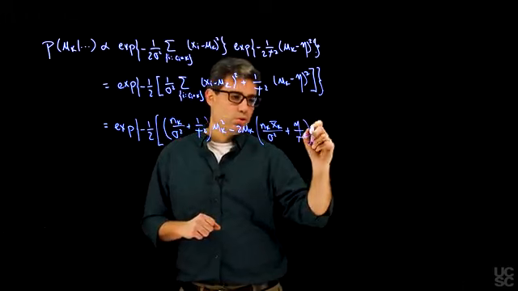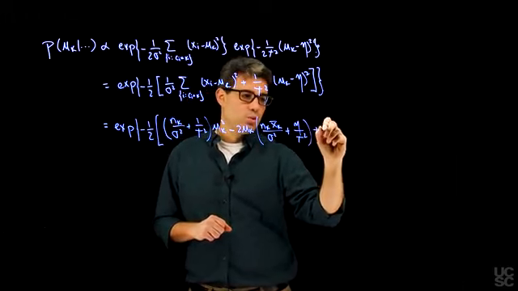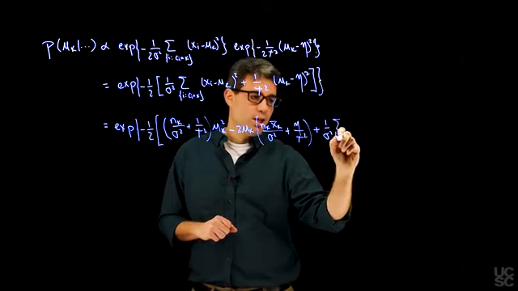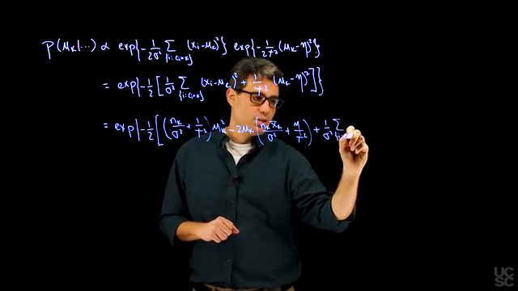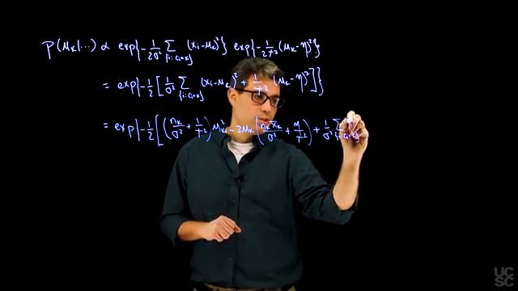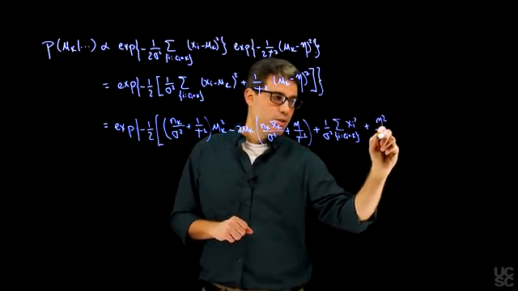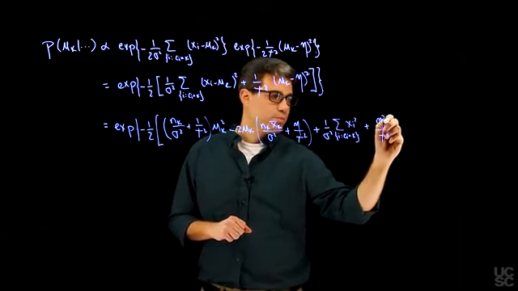And then we're going to have the extra terms, the 1 over sigma squared sum over the i's such that c sub i is equal to k of x_i squared plus eta squared divided by tau squared.